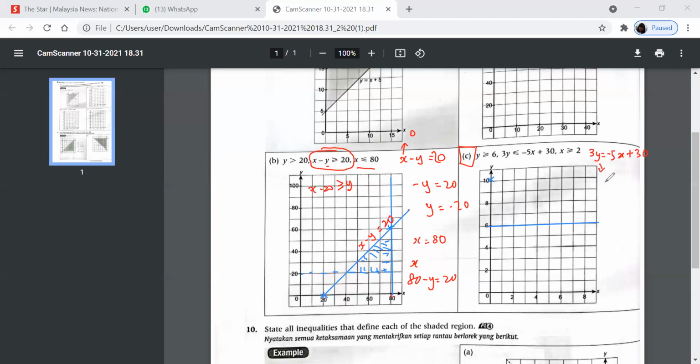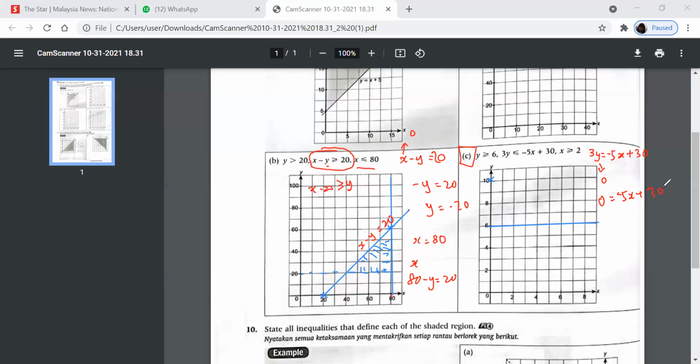When y is 0, you get 0 equals negative 5x plus 30, right? So how do you want to find x? Change to positive 5x equals 30. Good.